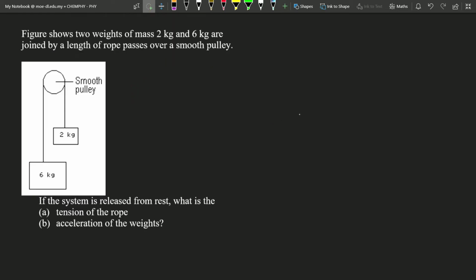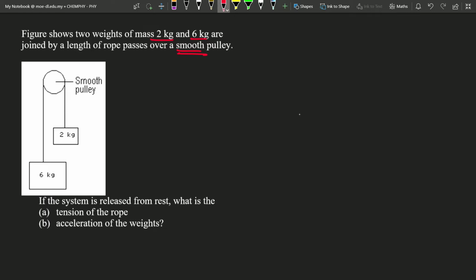So, jom kita apply segala teori yang kita dah belajar tadi dengan menjawab soalan. So let us take a look at the first question. Figure shows two weight of mass 2 kg and 6 kg are joined by a length of rope passes over a smooth pulley. Don't forget to highlight smooth pulley. Takal yang licin, which means no frictional force.